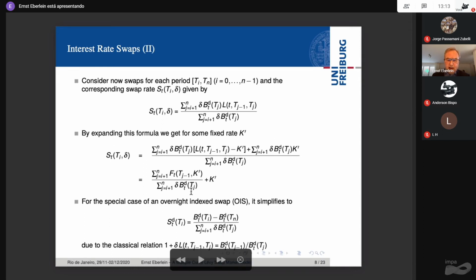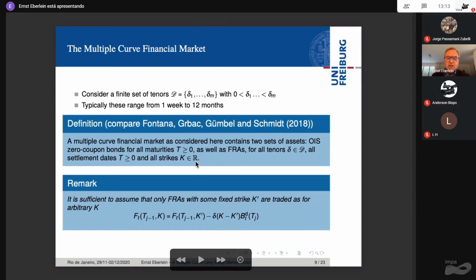If you compare these two formulas, we see that in addition to riskless, risk-free bond prices, we need forward rate agreements. And this is the basic thing which I'm going to do now. We consider a market which has these two basic assets, OIS zero coupon bonds for all maturities, and forward rate agreements for the tenors which we want to consider.